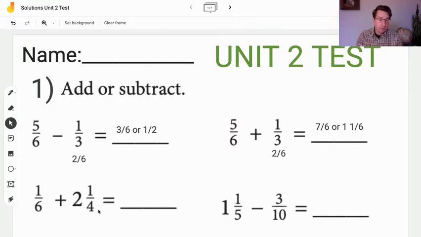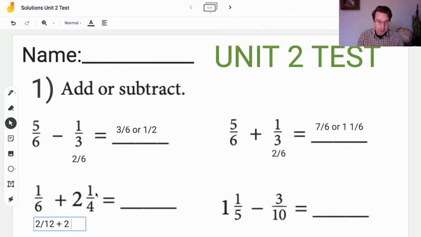1/6 plus 2 and 1/4. Well, right off the bat, now we need to convert the 6 and the 4. If you write out the multiples, you would see that the lowest common multiple for both of these is 12. So let's convert these both into 12ths. So 6 times 2 is 12, 1 times 2 is 2. So 1/6 is equal to 2/12, plus 2 and 1/4.